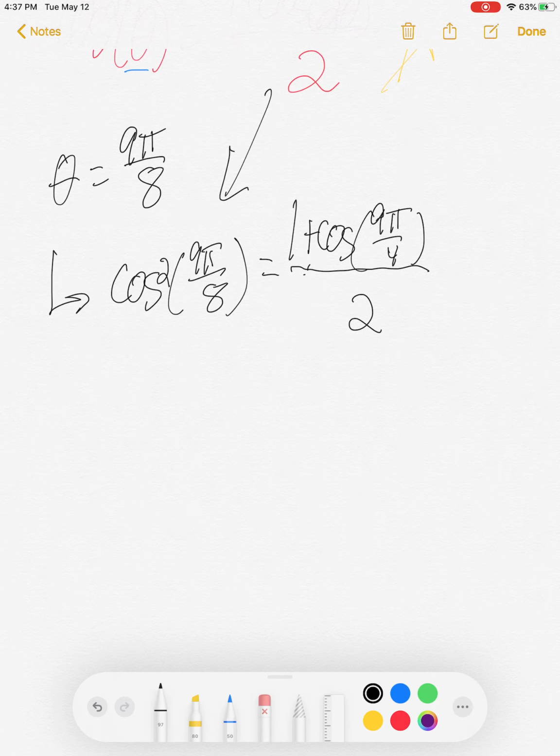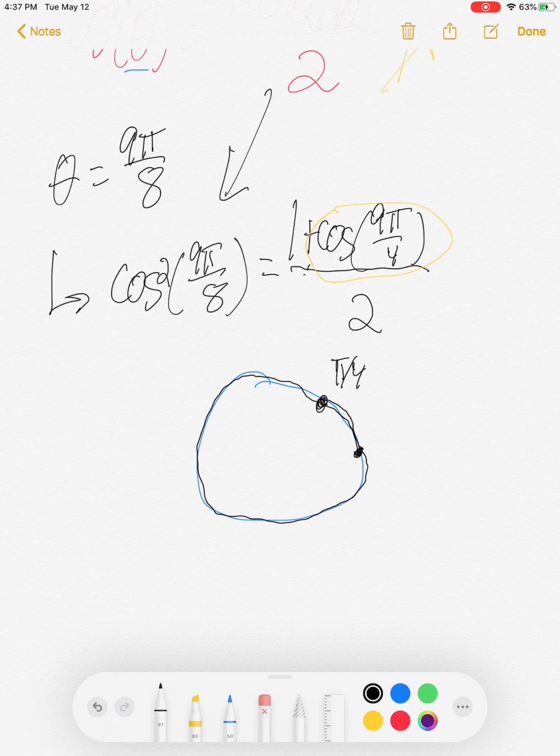So now if I can just find cosine of 9 pi over 4, then I'm done. And how do I find that? Well, I'm going to draw a circle. 9 pi over 4: that's 2 pi, which gives me 8 pi over 4, and I have one more pi over 4 left over, so that gets me here.